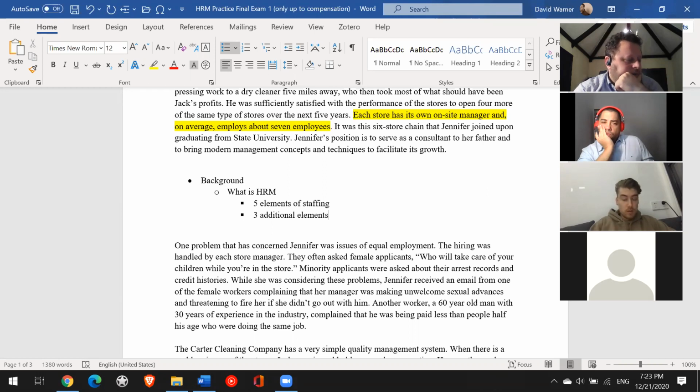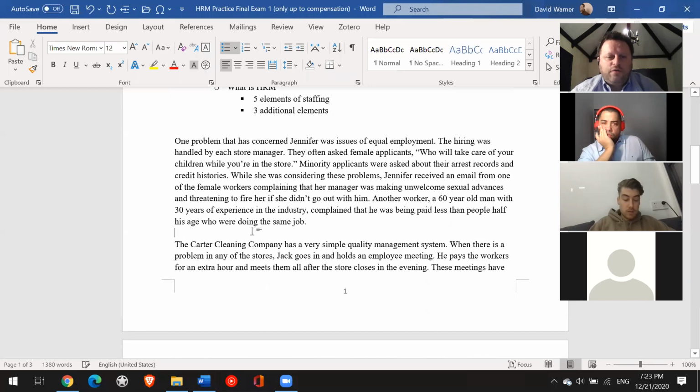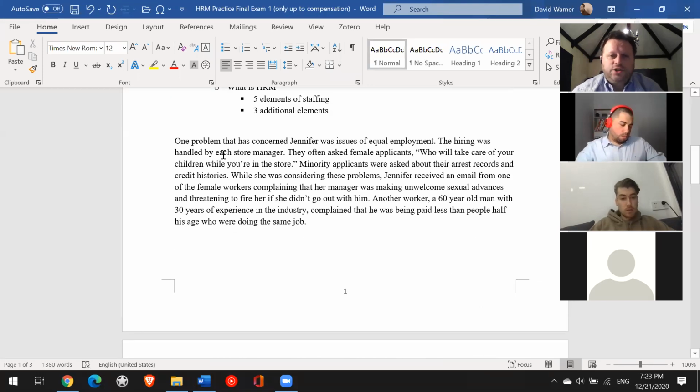I guess that's about it. I don't really need much more than that for what is HRM. Okay, now, after this paragraph, this is where we get into the laws.